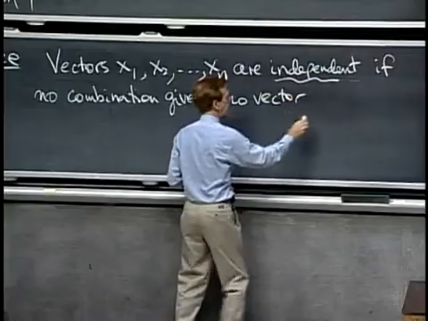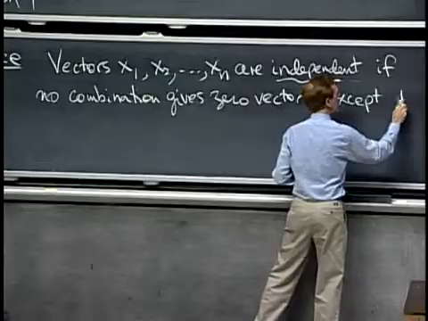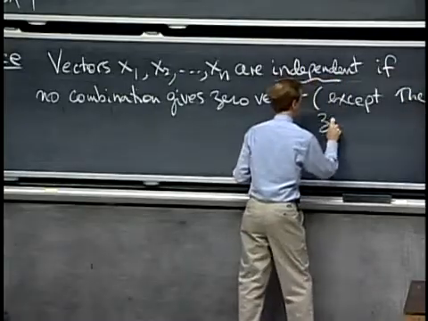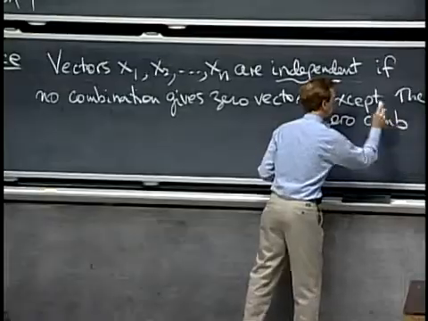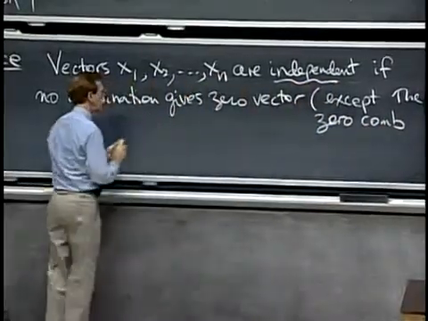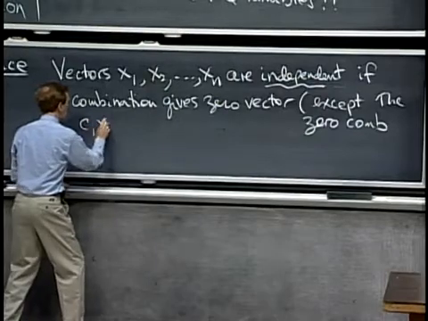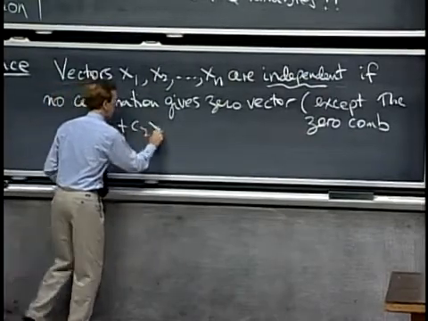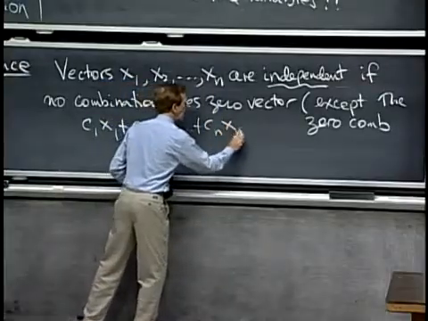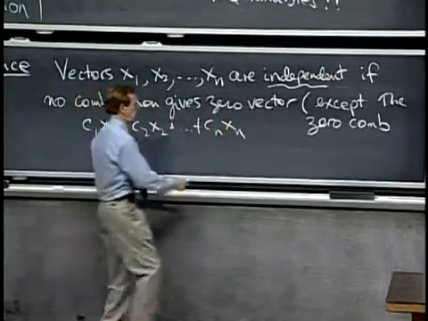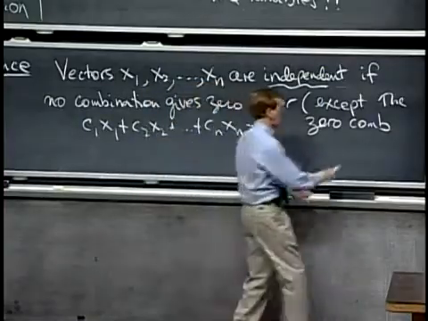And then I'll have to put in an exception, the 0 combination. So what do I mean by that? No combination gives the 0 vector. Any combination c1 x1 plus c2 x2 plus up to cn xn is not 0, except for the 0 combination.